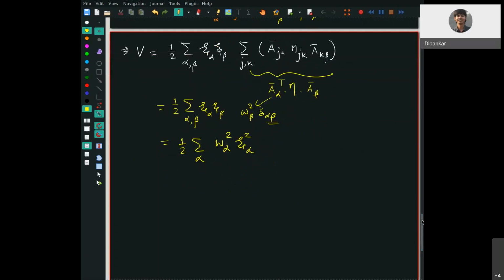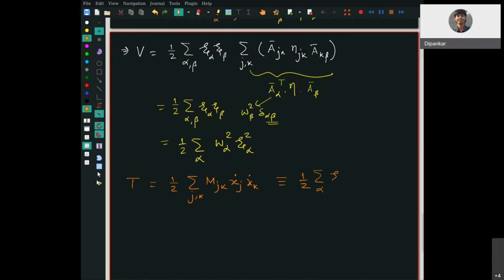Now in the same way, I wanted to show that the kinetic energy, which was basically half sum over jk mjk xj dot xk dot, in terms of my generalized velocities, if you calculate everything, would be equivalent to half sum over alpha xi alpha dot square.